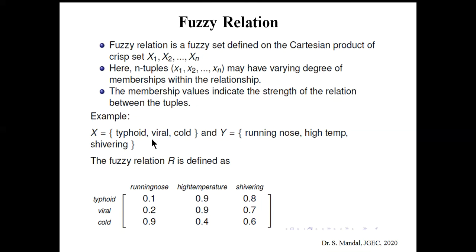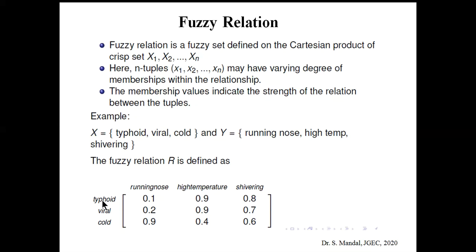If you want to find this relation between X and Y, it should be expressed in terms of a fuzzy relationship, that is, in terms of the Cartesian product. The Cartesian product denotes the strength of the relationship between the tuples. That means 0.1, this value, denotes the strength of the relationship between typhoid and running nose.